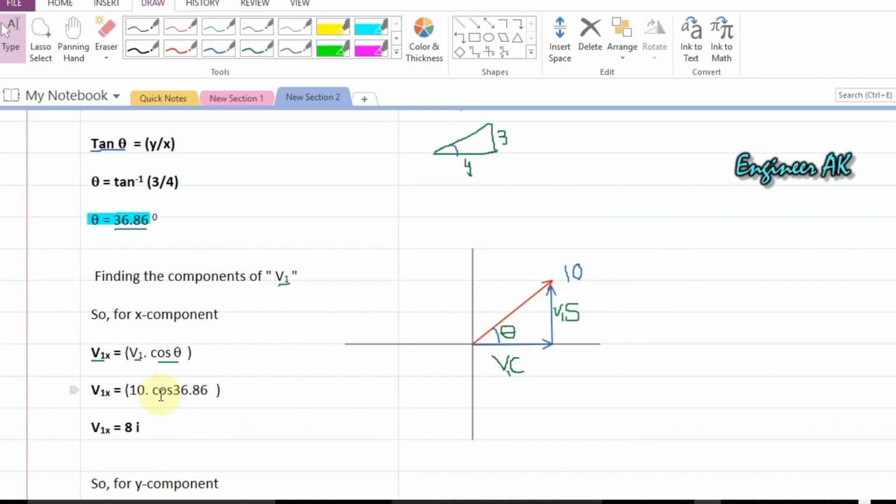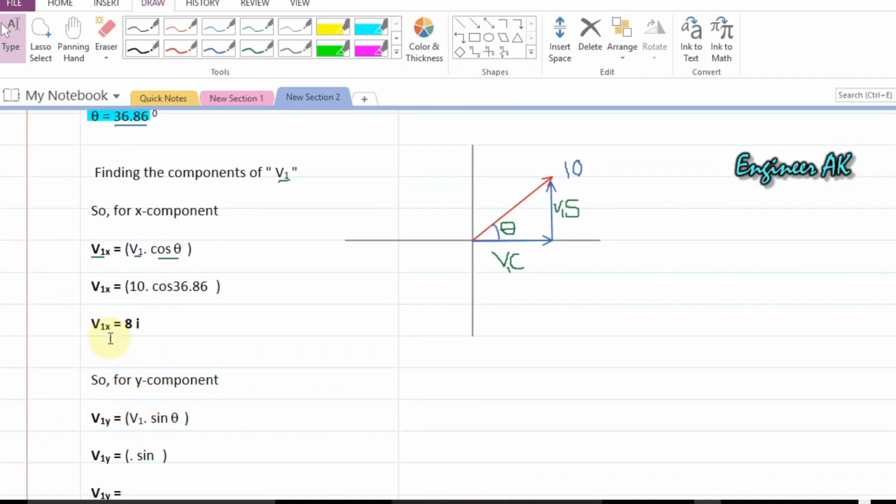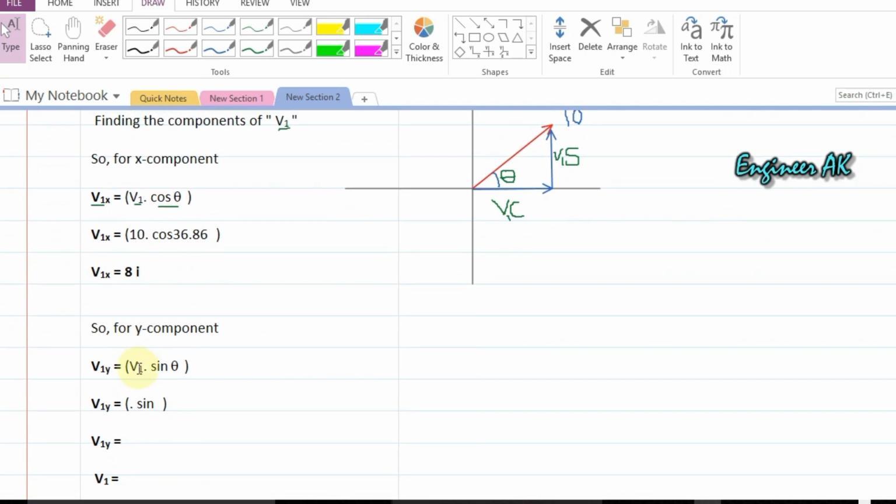And if I want to find the y component of v1, instead of cos we just replace it with sine. So the v1 value is 10 and the angle is 36.86.